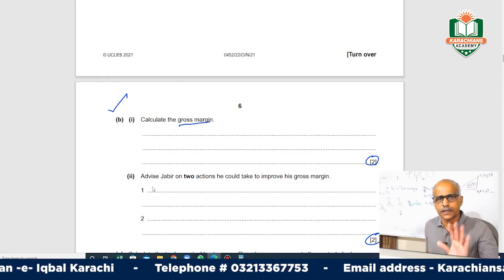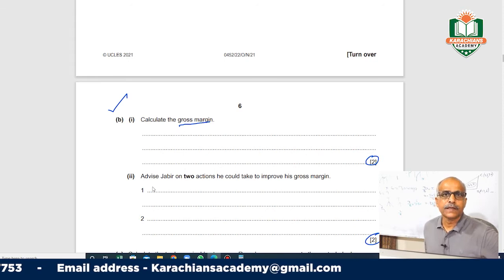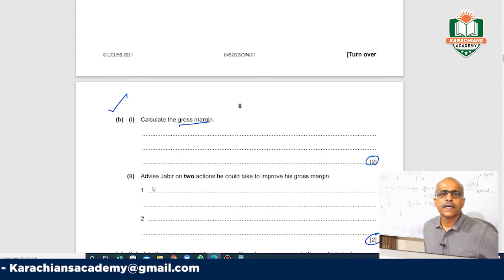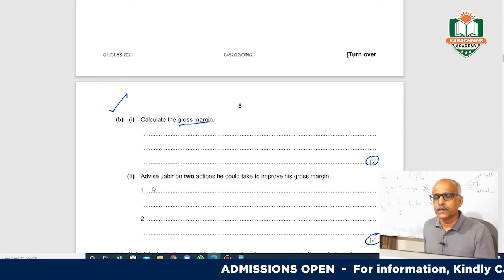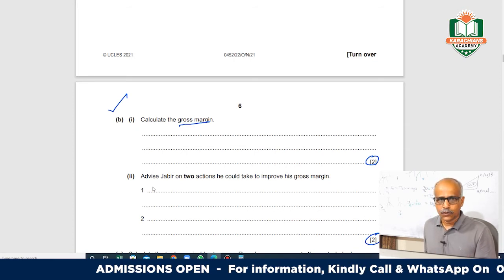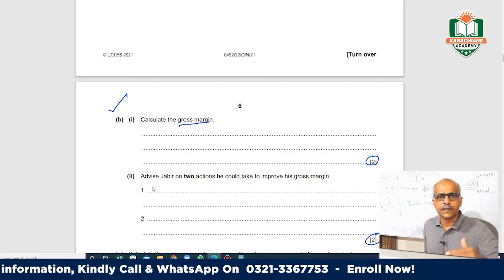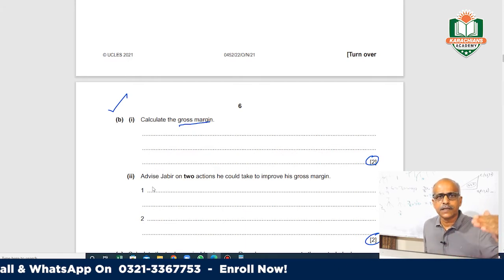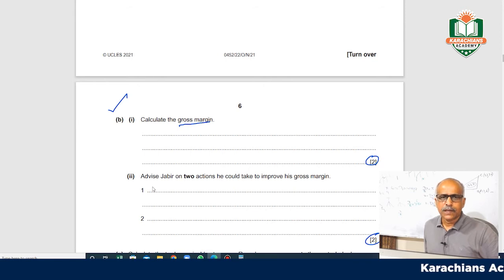Either he has to increase his sales price, or if he is giving some kind of discounts, trade discounts, that is reducing his net sales, that is ultimately reducing his gross profit. So he has to reduce his discounts. Then his net sales will get increased, so ultimately his margin will improve, right?